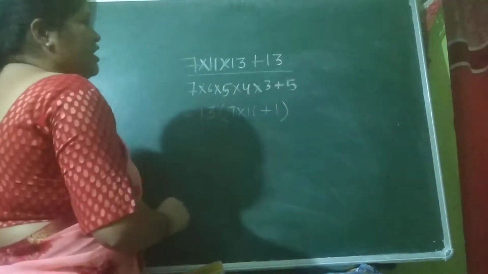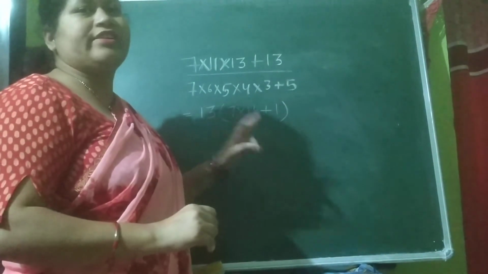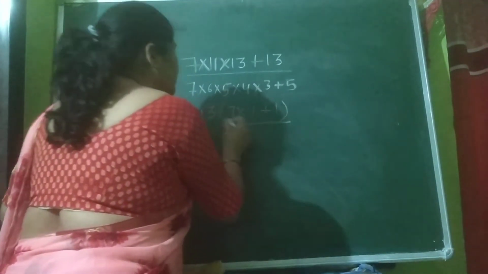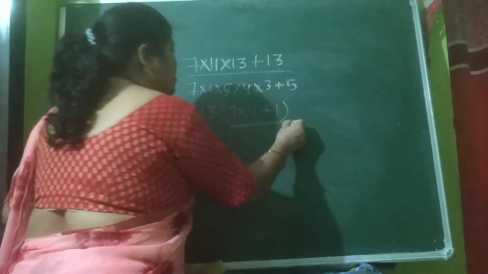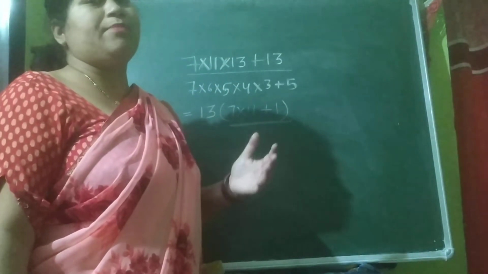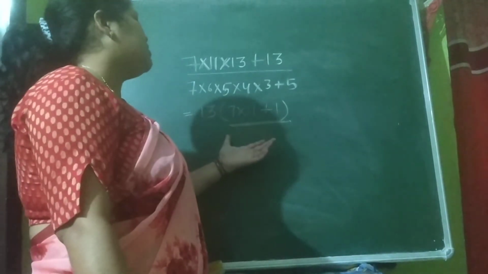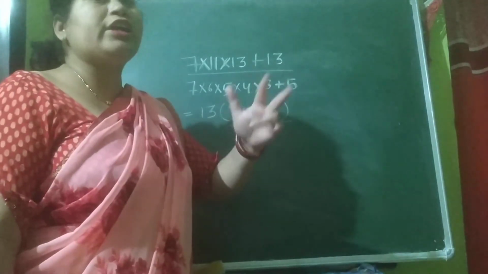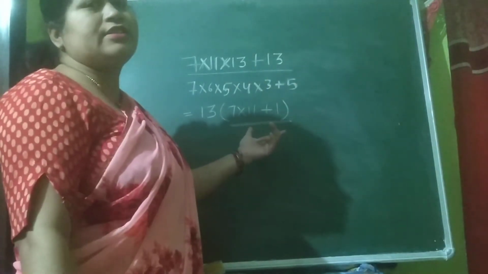This number has two factors now, 13 and this one. So we can say that this is not a prime number, it is a composite number, because we are getting more than two factors of this number.